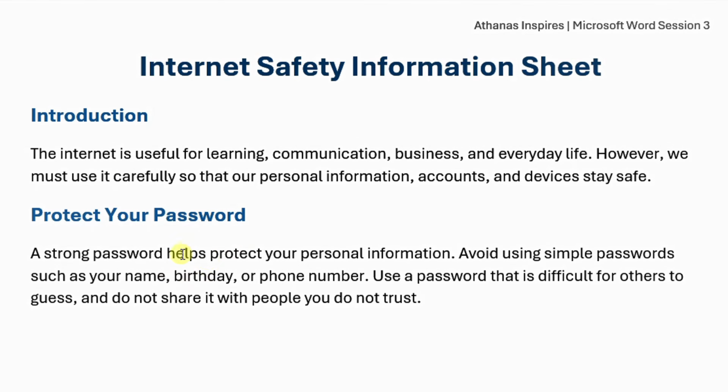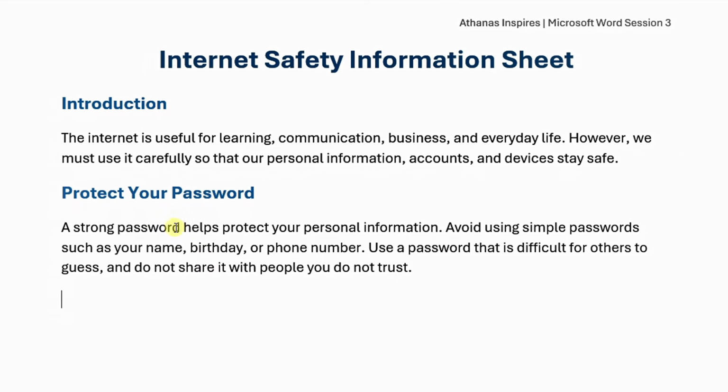Now the text here says, a strong password helps keep your information safe. Now this is the perfect place for a picture. A lock, a password box, or a security image helps the reader understand the message faster. So we are adding a picture with purpose, not just decoration.